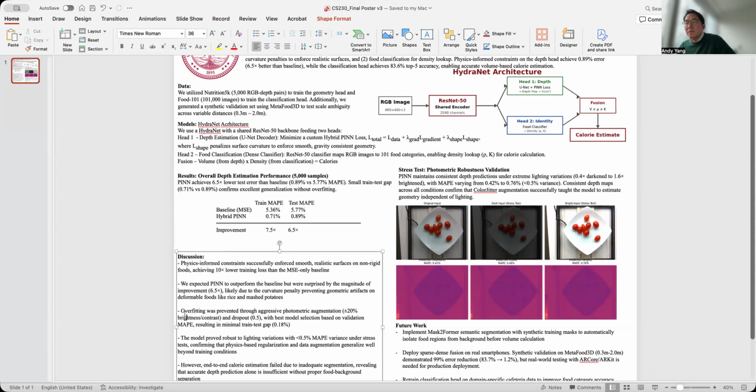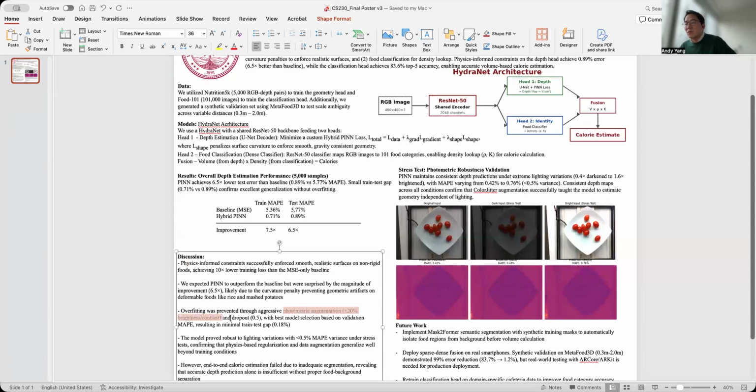The technique that I use for overfitting prevention is photometric augmentation by adding plus minus 20% brightness and contrast to randomly selected images, to make sure that the model estimates from geometry, not from lighting.